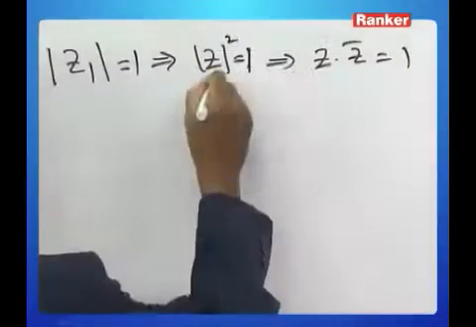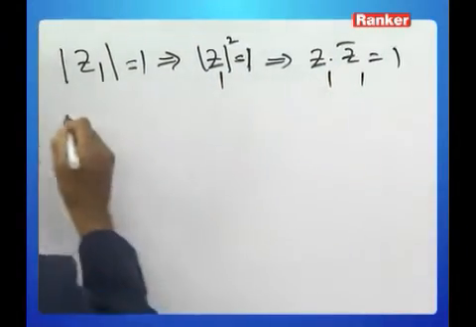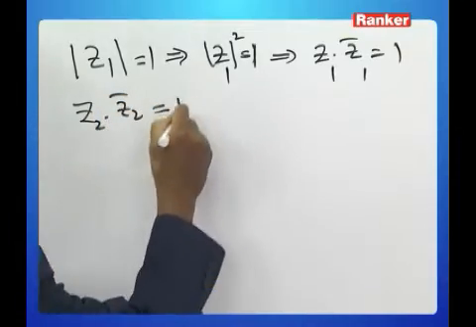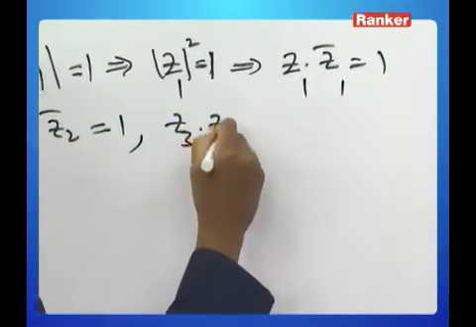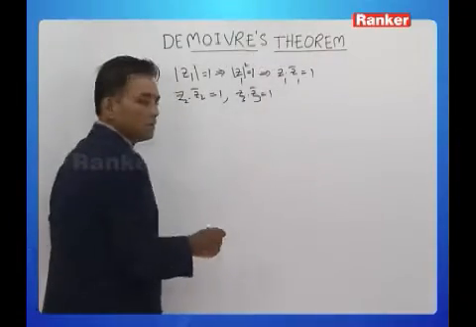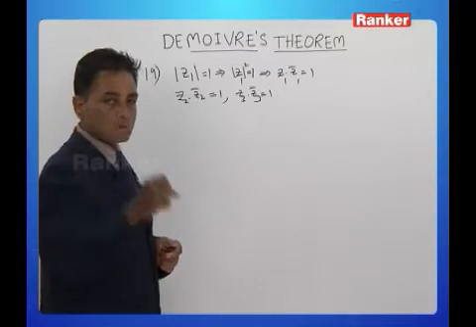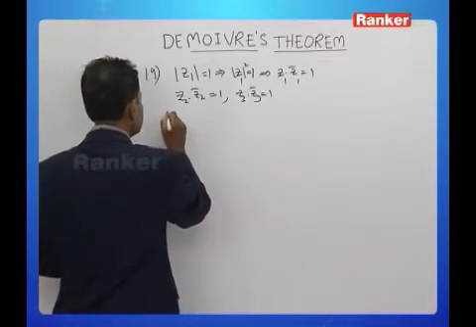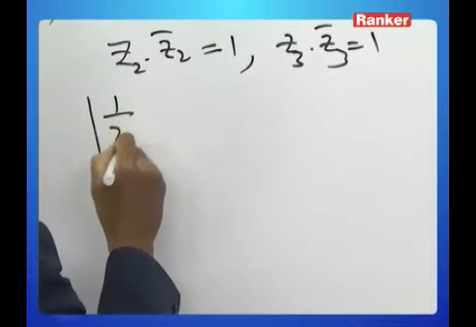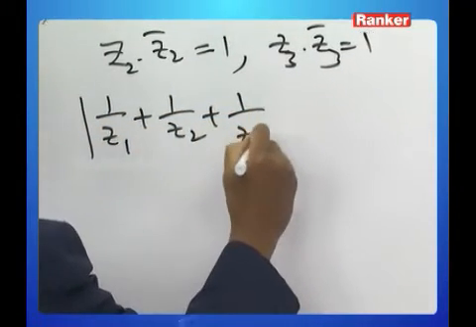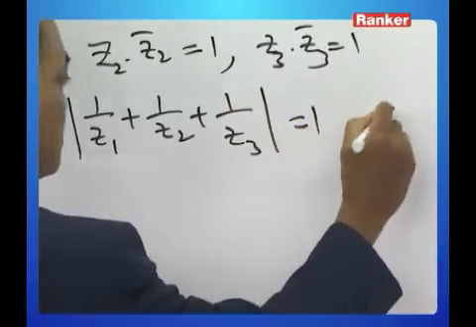Similarly for the others also, that is Z2 into Z2 bar is 1, Z3 into Z3 bar is also 1, and 1 by Z1 plus 1 by Z2 plus 1 by Z3 is also 1. Now, 1 by Z1 plus 1 by Z2 plus 1 by Z3, which is given as 1.